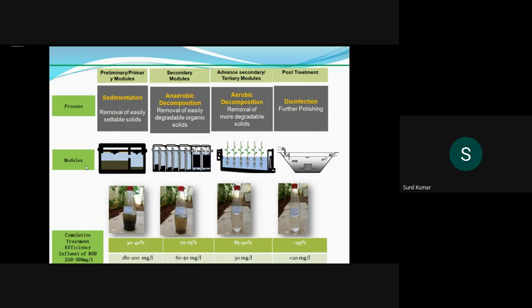Based on that, we can achieve the highest quality of water. You can imagine how the treated water quality varies at different zones of the constructed wetland. It is possible to achieve BOD below 20 ppm in the constructed wetland.